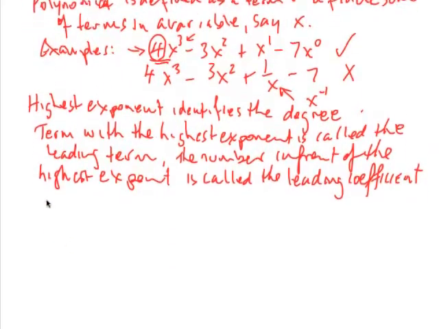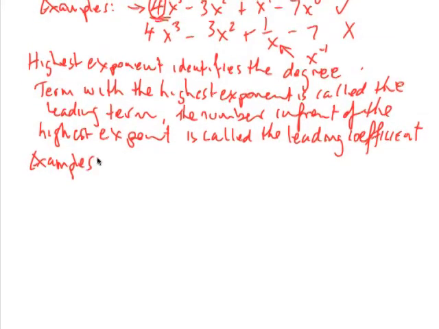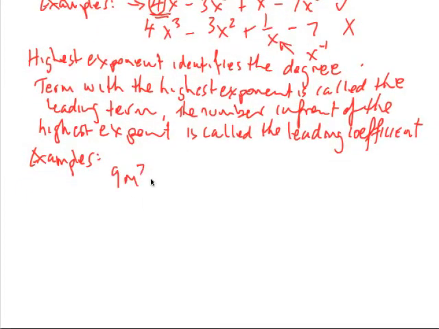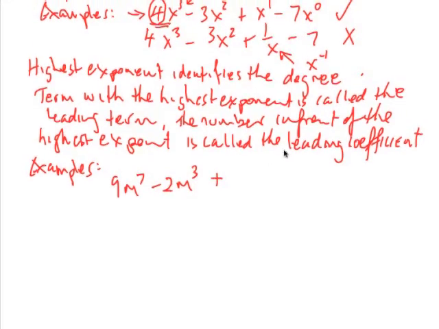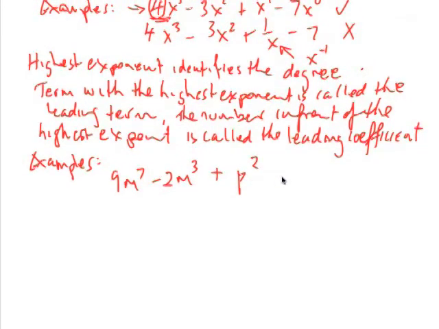So, for example, things like 9m to the 7 minus 2m cubed plus, say, p squared.